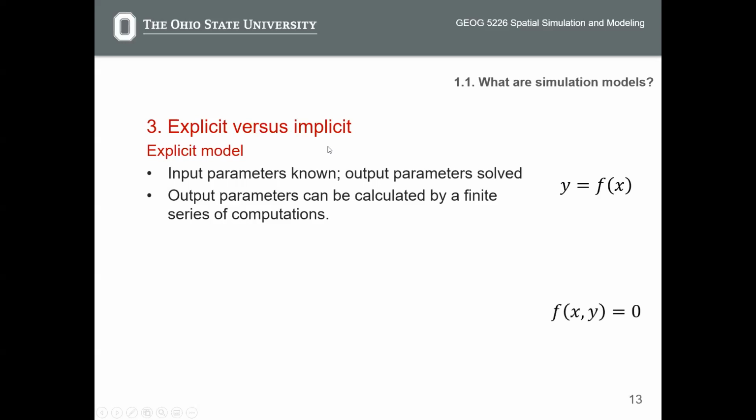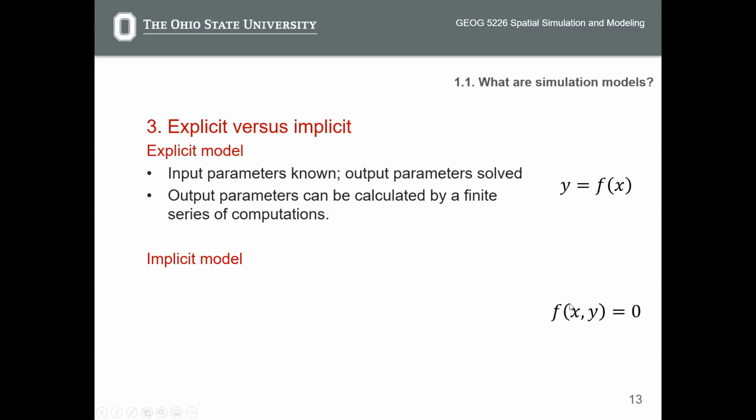On the other hand, we have the implicit model. It means that we know the output. For example, this is a function about x and y. They are both independent variables. We don't know them. They are unknown. But we know the output. The output is 0. So we need to find out a way to solve x and y when the output is given.